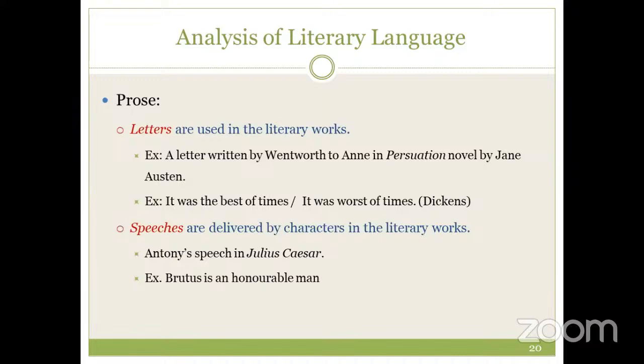Now in prose you have letters, like the letter written by Wentworth to Anne in the novel Persuasion by Jane Austen. Within a novel or a short story, you will have some letters addressed to some character, and you also have speeches, like Antony's speech in Julius Caesar that starts with Brutus is an honorable man.